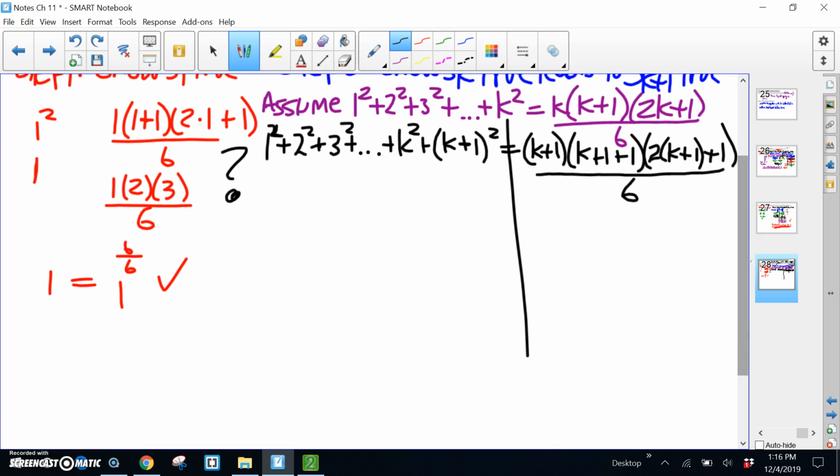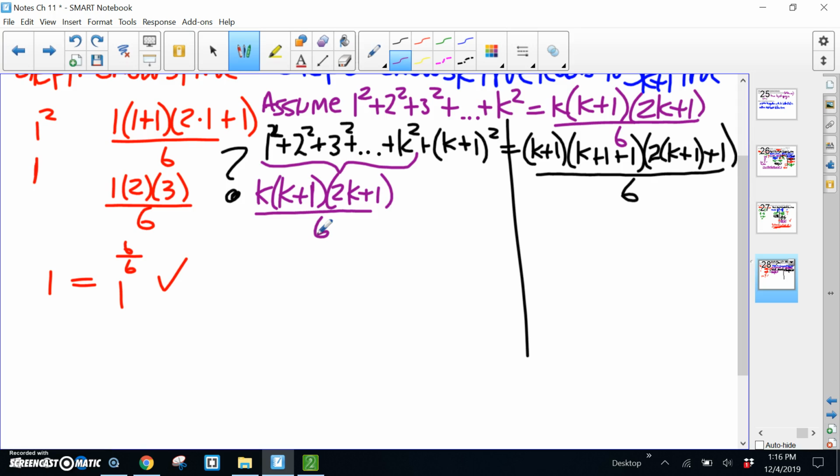Okay. So the first step is oftentimes the same. Part of the assumption is in my step, okay? That part of the assumption you can see is equal to, look at the right side of my purple step, k times k plus 1 times 2k plus 1 over 6.